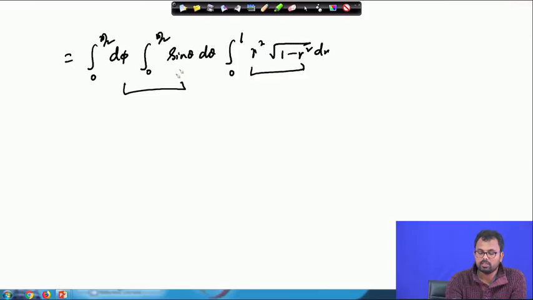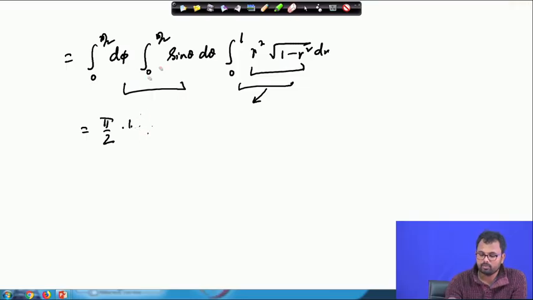So, the value of this integral is 1, this one is pi by 2, and the calculation of this one should be fairly easy using some trigonometrical results, and ultimately we will obtain the value as pi by 2 times 1 by 4 times the remaining part.